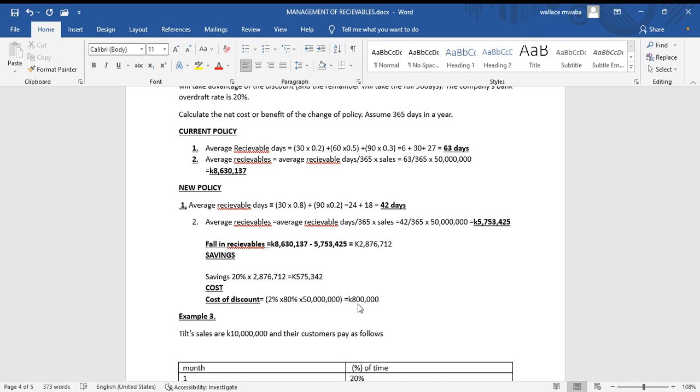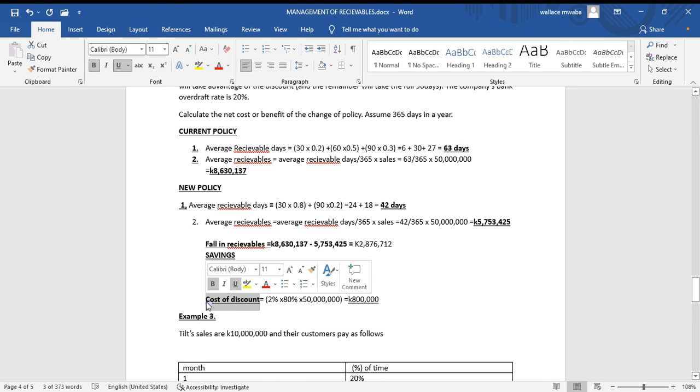Now let's compare the cost and the benefit. The cost is 800,000, and the benefit is 575,342. So the cost of the discount outweighs the benefit.